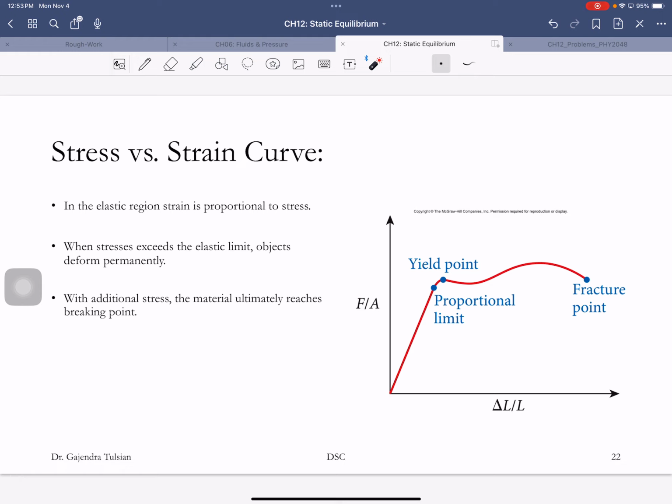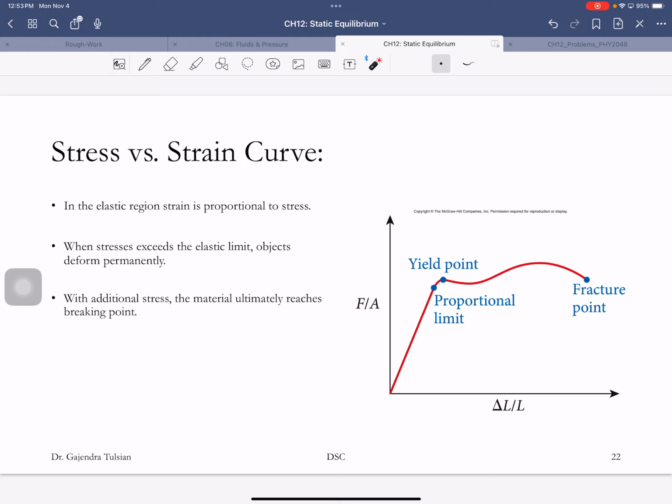What this graph shows you is the following. For many wires, they will have this kind of graph, and we'll see in a second why. This is the stress applied, and this is the strain that the wire undergoes.